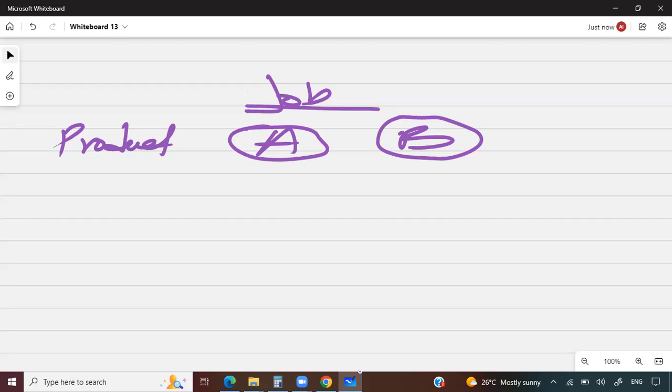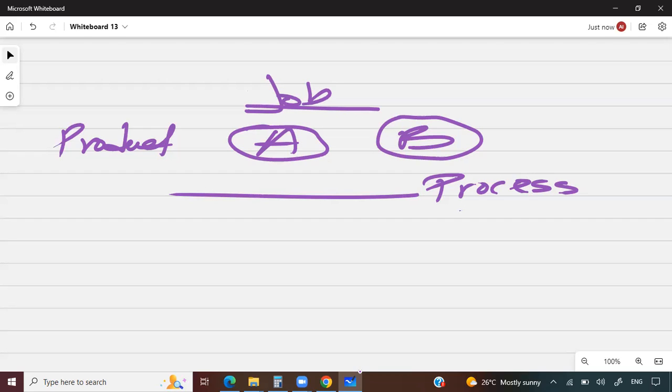But if you want to produce product A and product B, and the process you are going to take is the same, then we are going to use process costing. If the way you are going to produce A is the same as the way you are going to produce B, then we use process costing, because by nature they are the same.